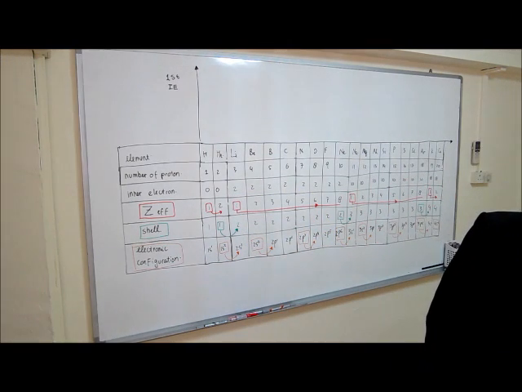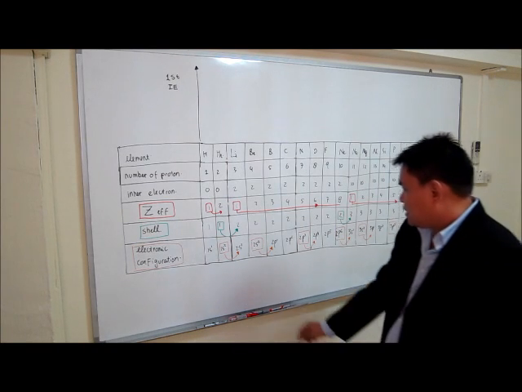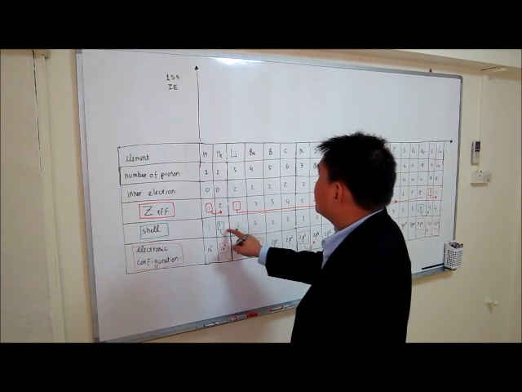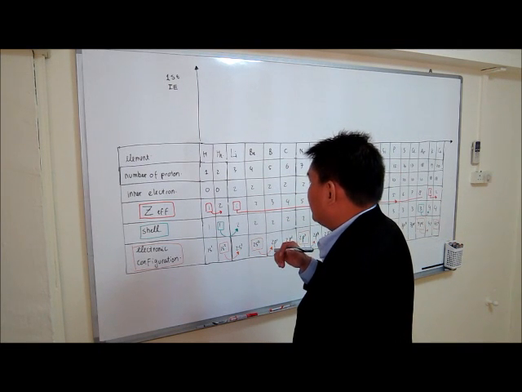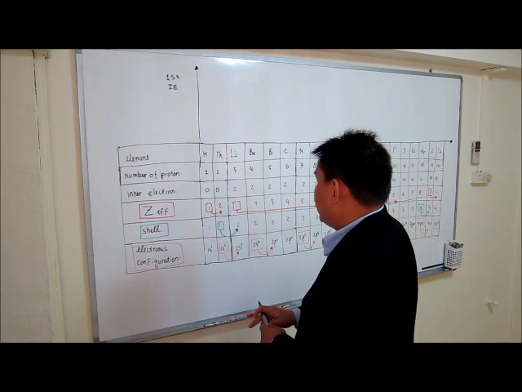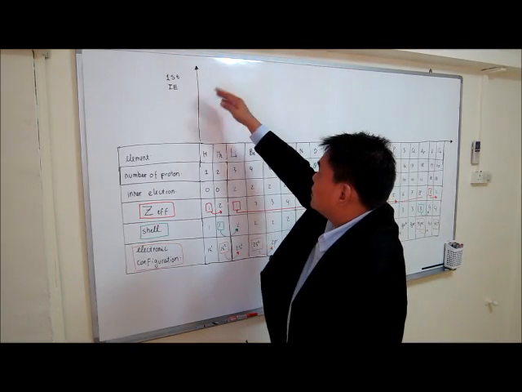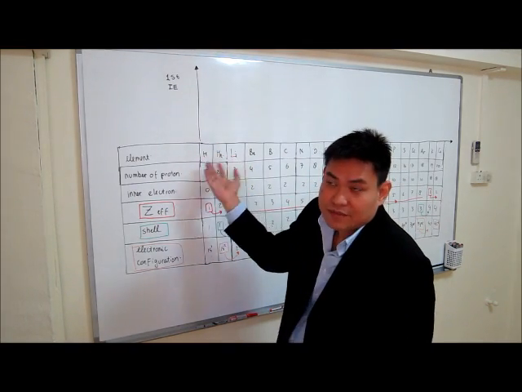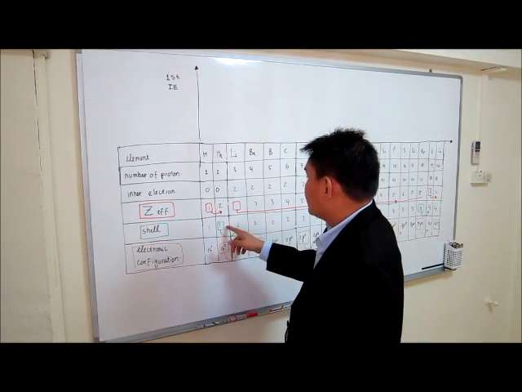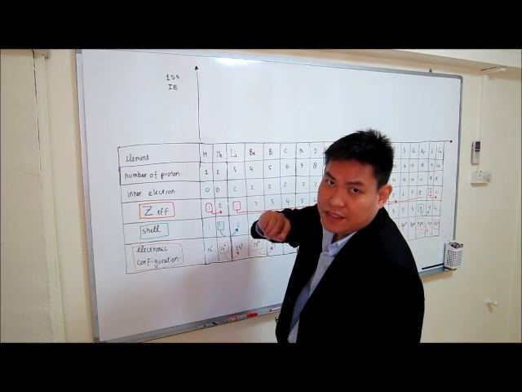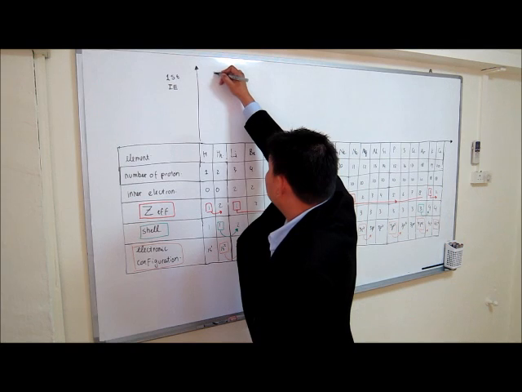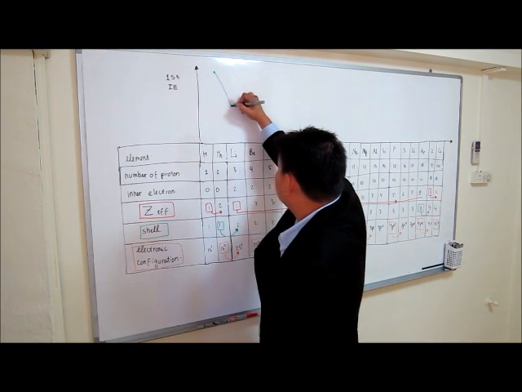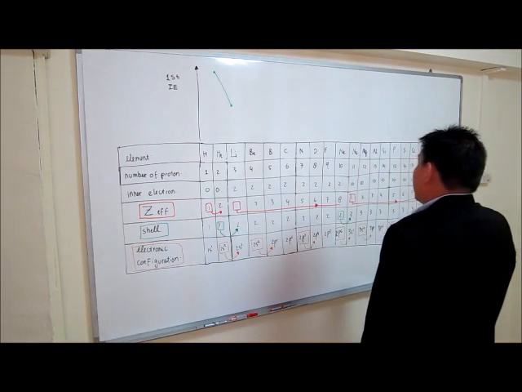what we do is we draw the green one first. The green mark, the one that you have a significant decrease in the first ionization energy. And remember, for small atoms, the ionization energy is high, so we start from a very high one. So from helium to lithium, there will be a significant decrease.